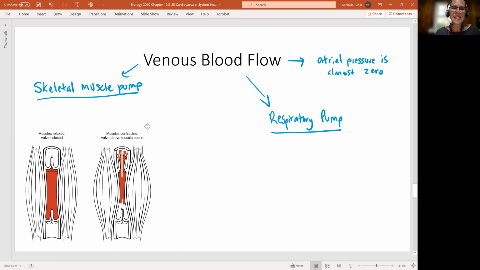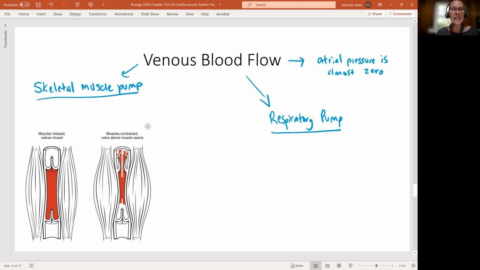And what we're seeing here is the beauty of the valve in the vein. And then we're seeing that it's really the surrounding skeletal muscle that's pushing blood through the venous system. Remember, the vein itself doesn't have a very thick tunica media, so there's not a lot of smooth muscle in the vein.